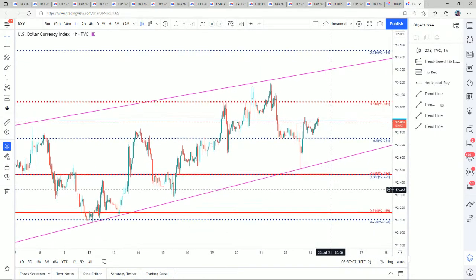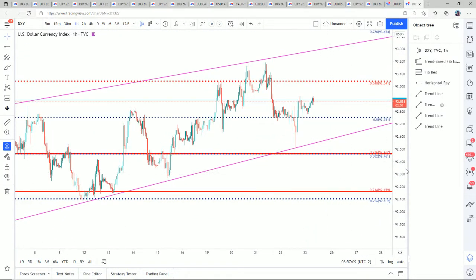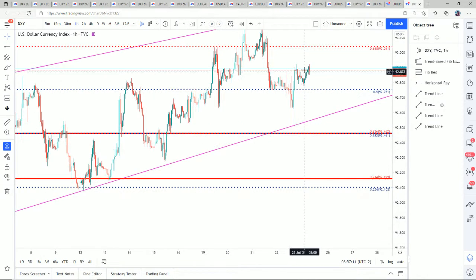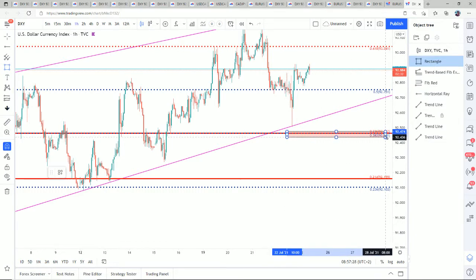If we drop more, which is still what I would like to see, I would love to see a touch of this level here. That would be great. This one or this one. So we still have those two big important areas. That one with a double fib, sorry.